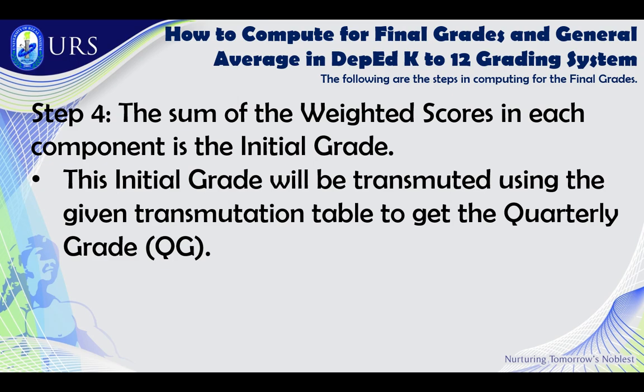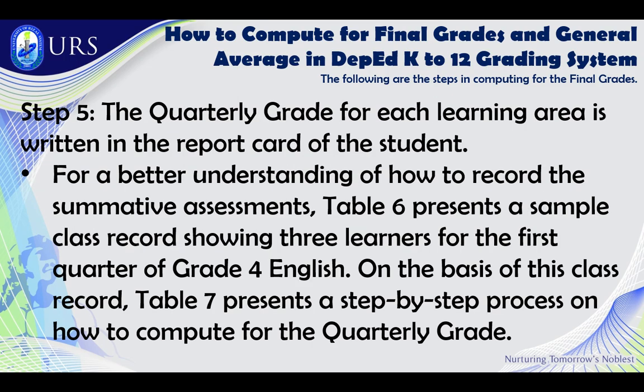Pag nakuha na po natin yung initial grade, pwede na po natin i-transmute para makuha po natin yung quarterly grade ng bata. So, step 5, the quarterly grade for each learning area is written in the report card of the student. So, kailangan po talaga makikita po yan sa report card. Hindi po yan pwedeng mawala.